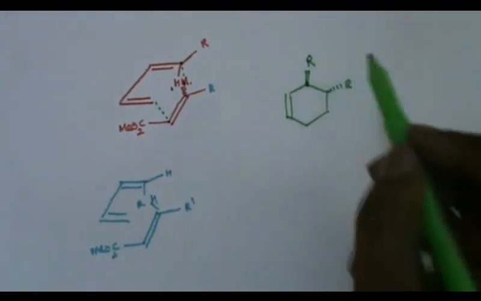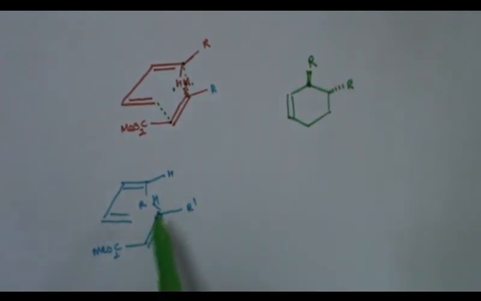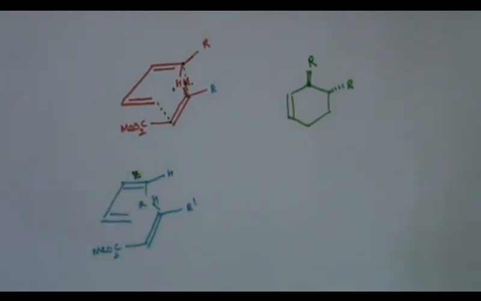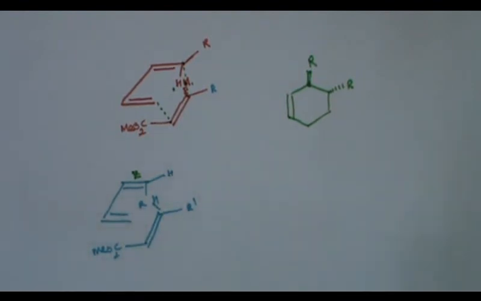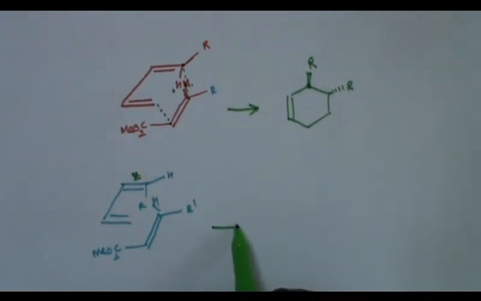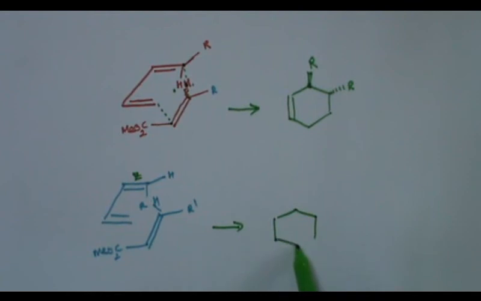On the other hand, if it is like this, here it is a Z olefin. This hydrogen and this hydrogen, they are in the same direction. So they are cis. Similarly, this also should be cis.